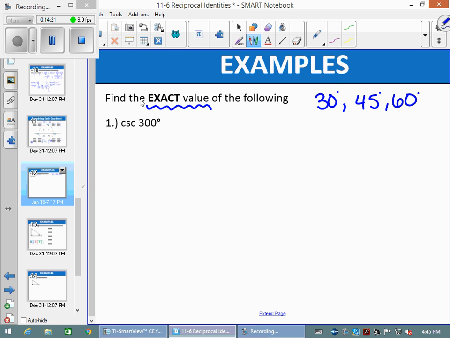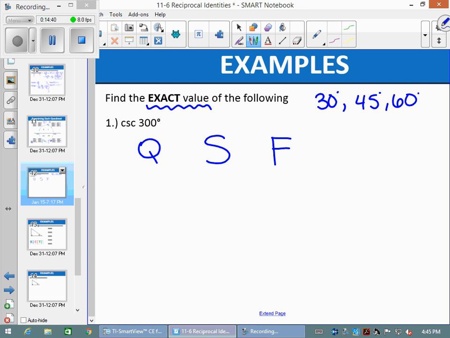So if you see an angle that's larger than one of these, we use that method of Q-suffer. Q stands for what quadrant are we in, S stands for the positive or negative sign of the function, F stands for the function you're dealing with, and R stands for the reference angle.